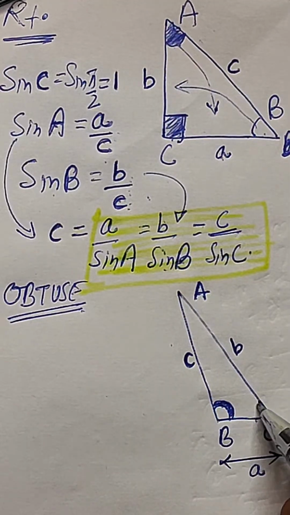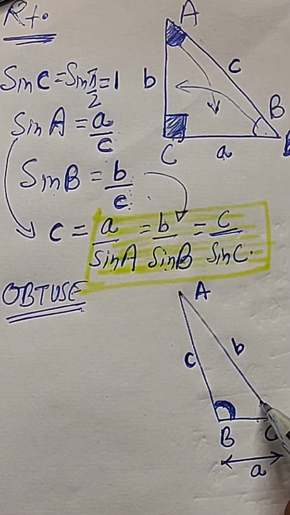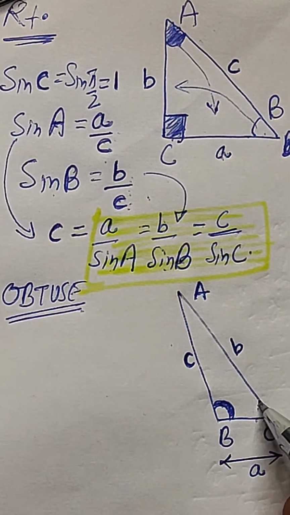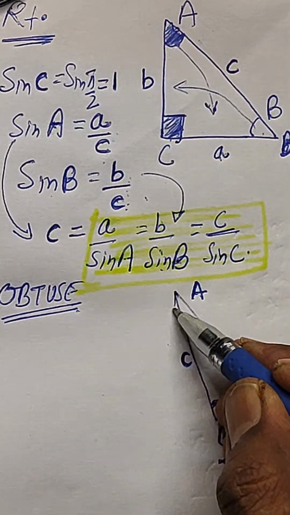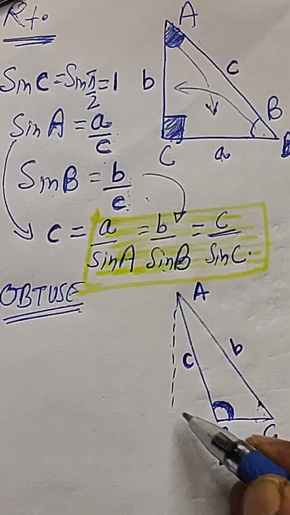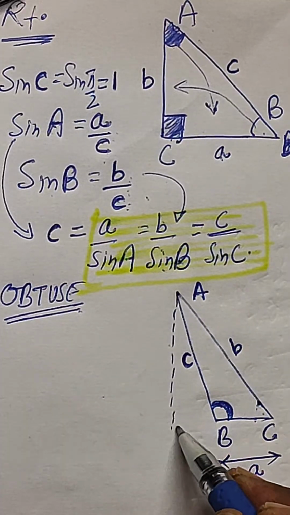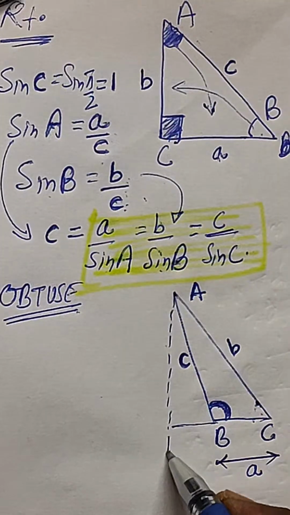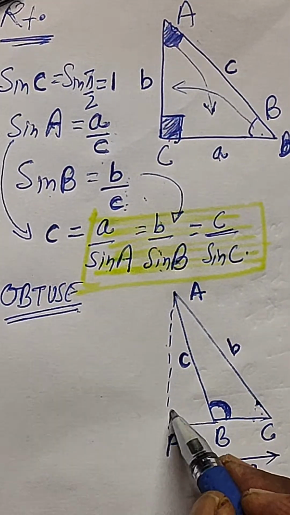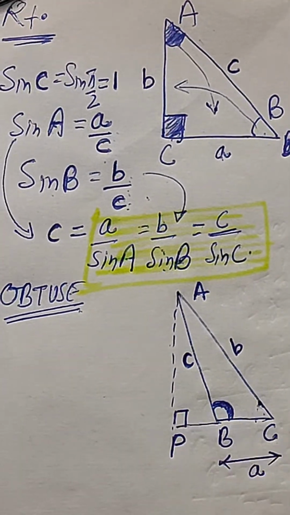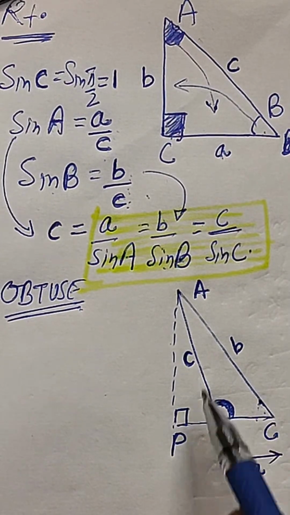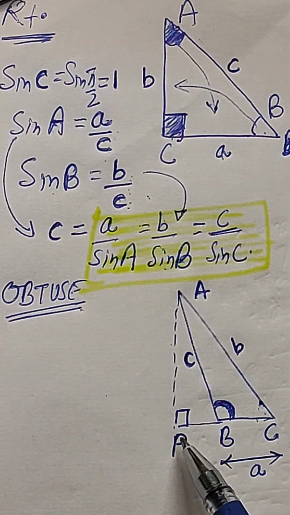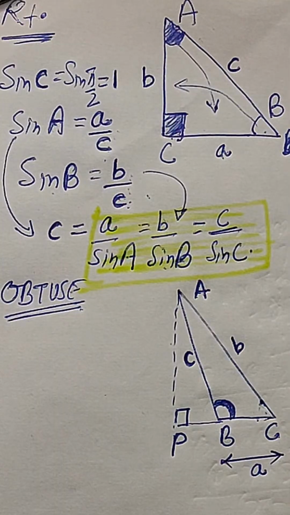If you are going to apply sine C, then definitely there should be a right angle triangle. So just draw a perpendicular from here and make a new triangle, let us say APC, as a right angle triangle. Just extend BC to P and drop a perpendicular from A to the line BC.